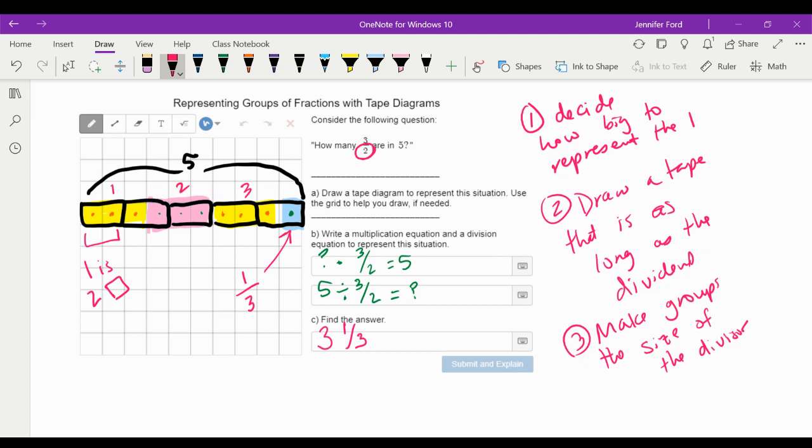And then if you have leftovers, see how many you have divided by the size of a new group. And then with the remainder, whatever leftovers, what part of a group can you make?